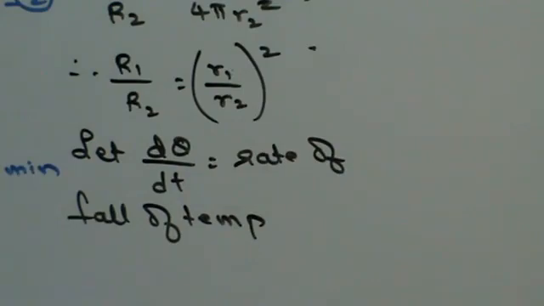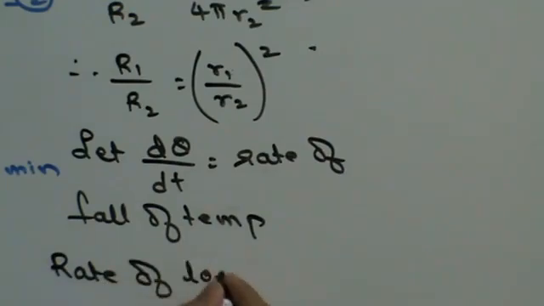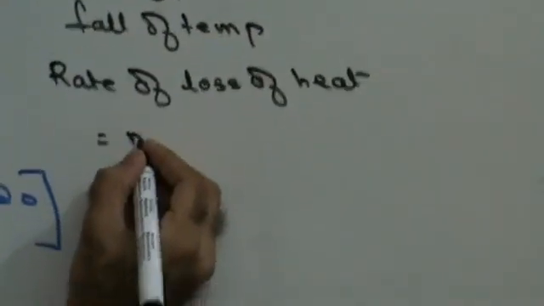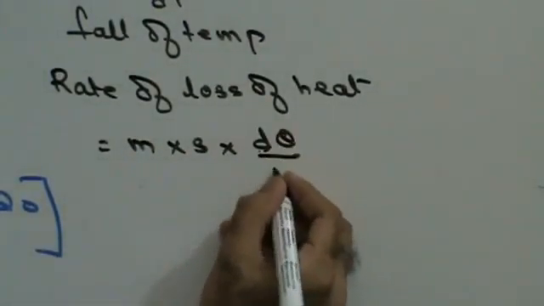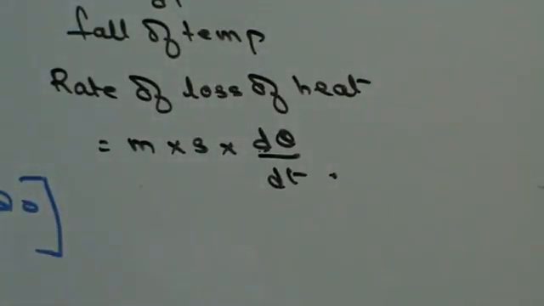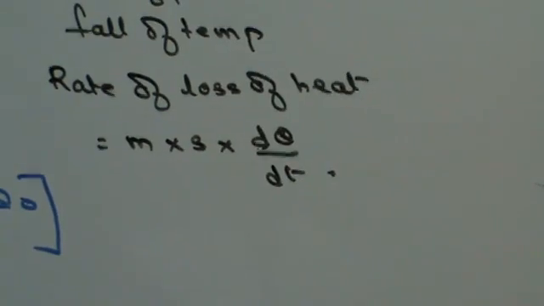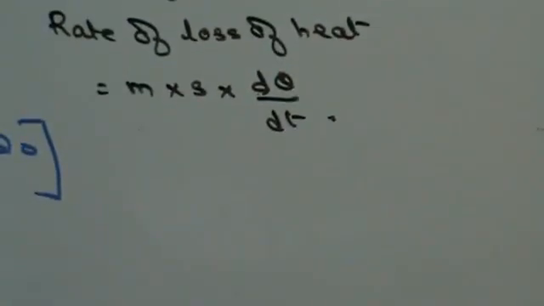In which case I can say that the rate of loss of heat is mass of the body, specific heat into rate of fall of temperature, right?